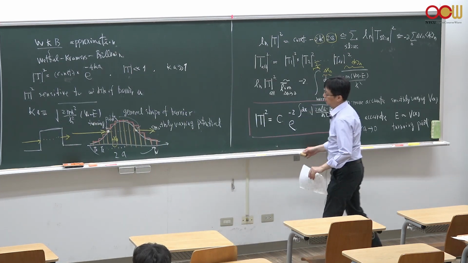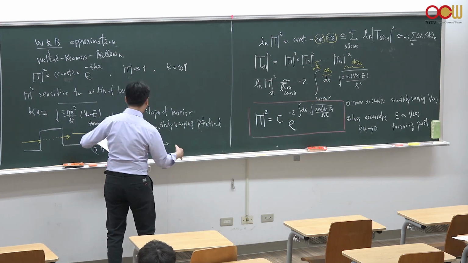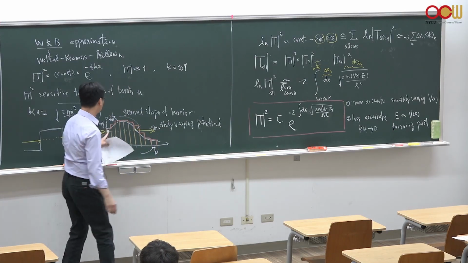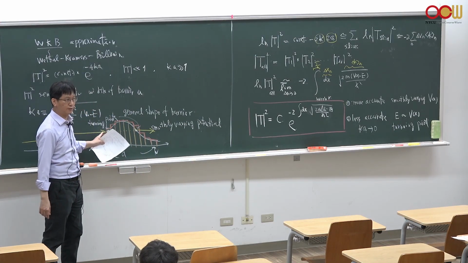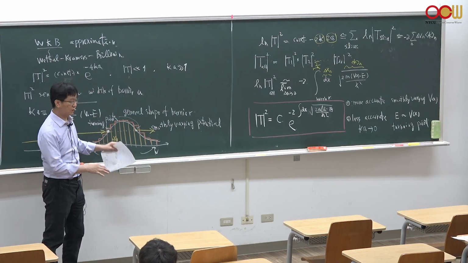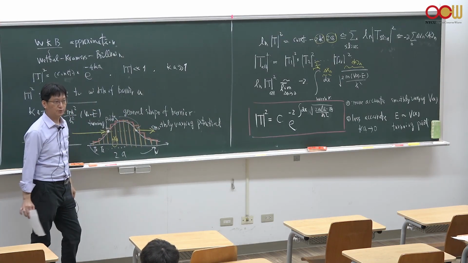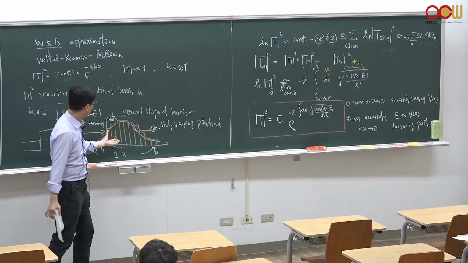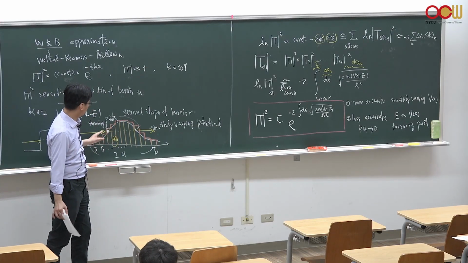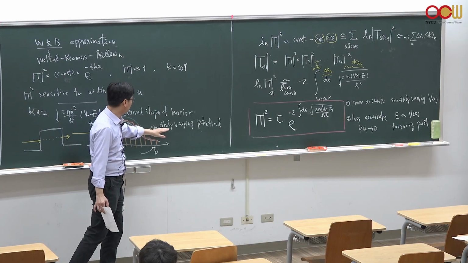Of course, when the barrier profile hits the turning point, nearby the turning point, this WKB breaks down. But that's just a tiny little region of the whole smoothly varying potential. So that really comes back to the assumption that WKB works for a smoothly varying potential.